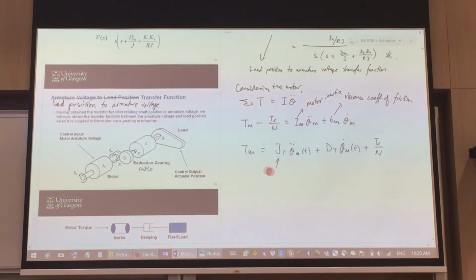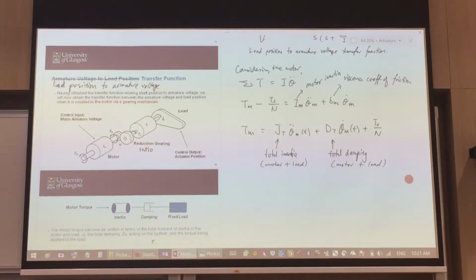So this part here is your total inertia, and that part there is the total damping. So total means motor plus the load, here as well. So both motor and the load side, the inertia and the amount of damping.